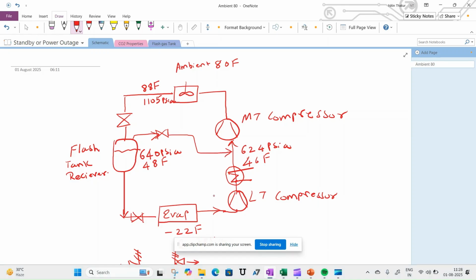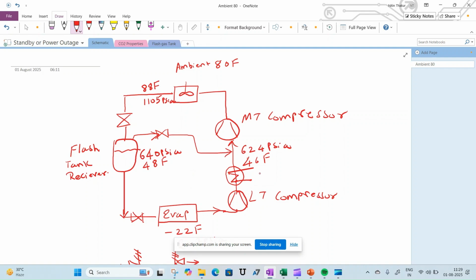So now this circuit is running, and it is giving negative 22 degrees Fahrenheit of evaporation temperature.